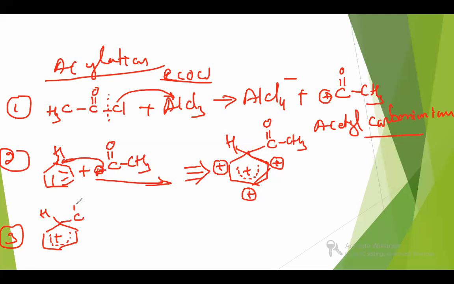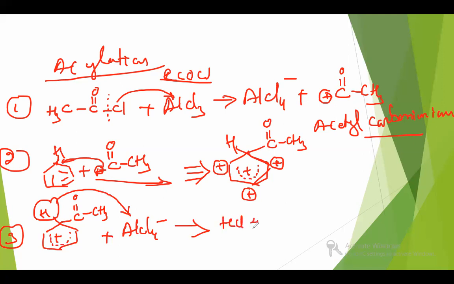Now C double bond O CH3 will be treated with AlCl4 minus. AlCl4 minus pulls off the hydrogen, forming HCl plus AlCl3 plus benzene C6H5.